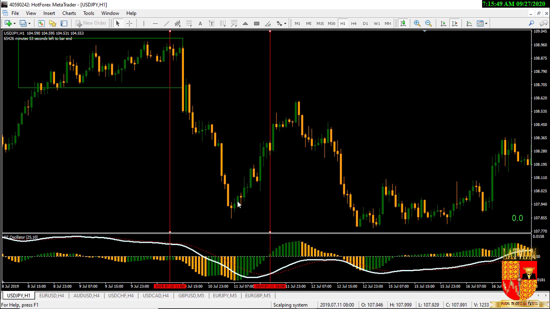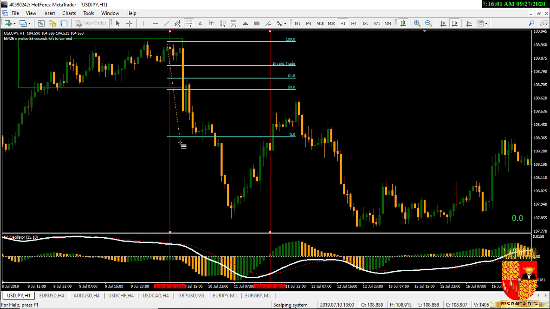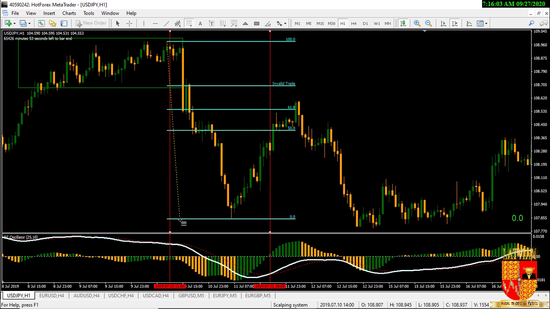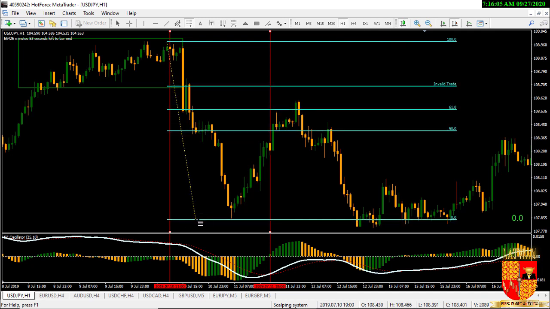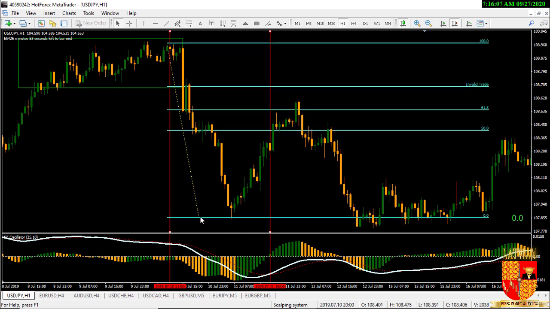So we got confirmation that the retracement started at that point right there. At this point, you take your Fibonacci retracement tool and draw it all the way to the lowest point of that impulse move, from the highest point to the lowest point.